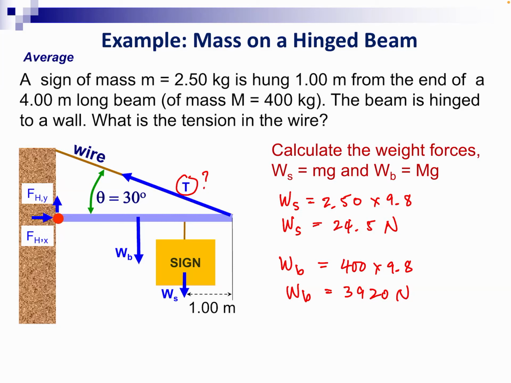Because we don't know more than one force, we need to do balancing of torques to solve this problem. We only do balancing of forces if there's only one force that we don't know. But if we don't know more than one force, then balancing of torques will be the solution to use, because then we can eliminate some of the forces we don't know.